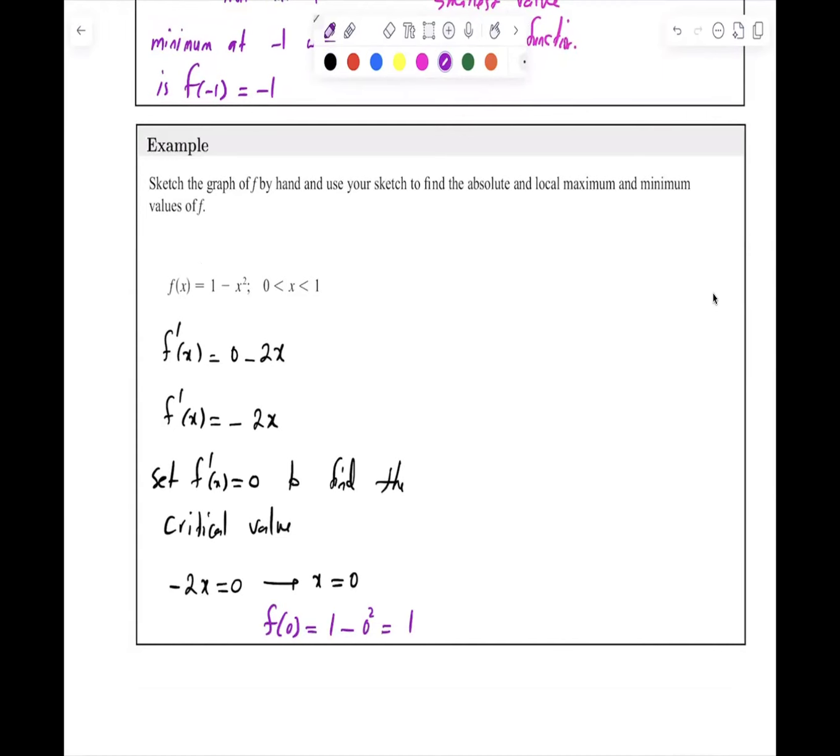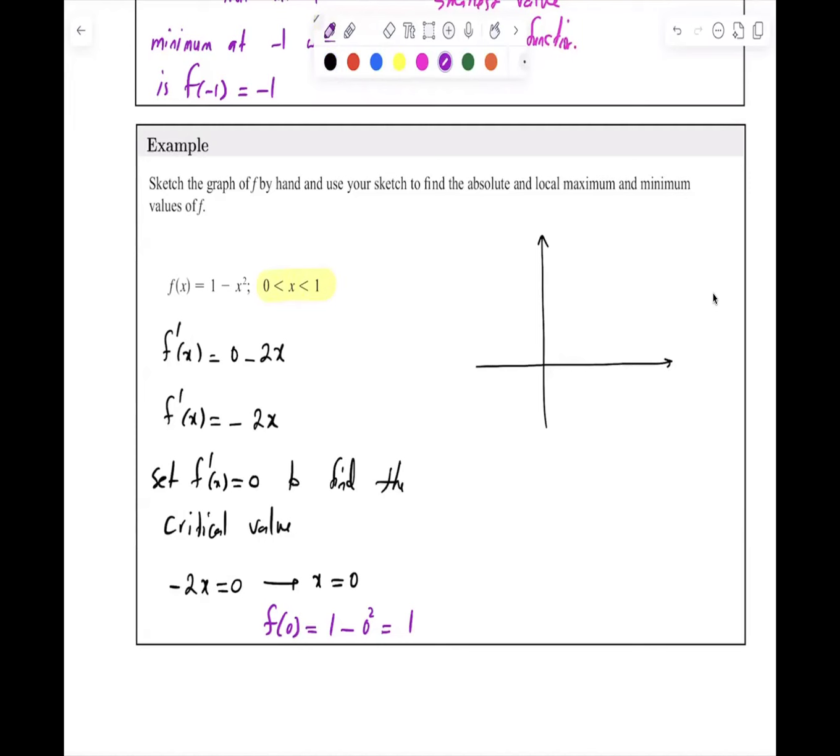So let's see if this point is a minimum point or a maximum point. Let's graph this and visualize this. Here I have the following case. When x is bounded between 0 and 1, look at some portion of the graph.